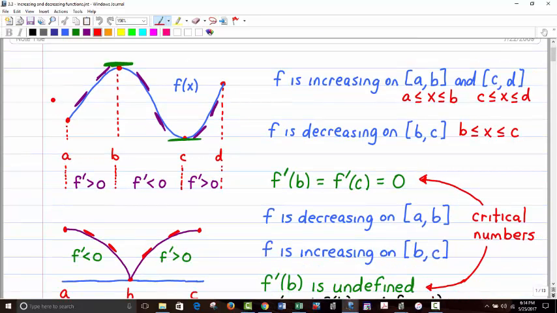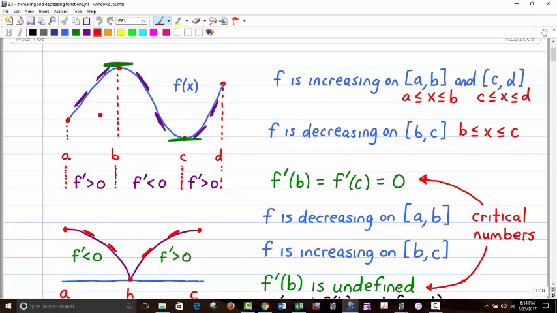Now notice something in the first interval of increase, from A to B. I can draw a couple of random tangent lines. They're all separate, but you get the idea. Notice that in that entire interval from A to B, you put a tangent line there, and at any point you're going to have a positive slope.